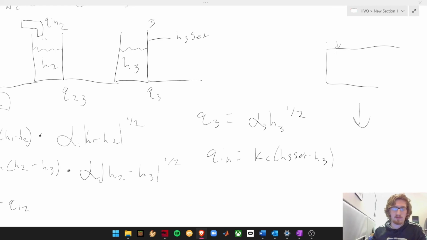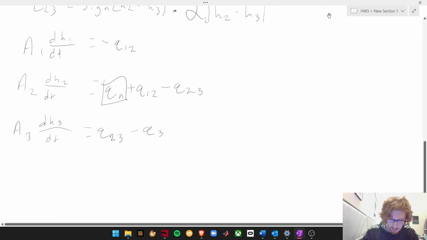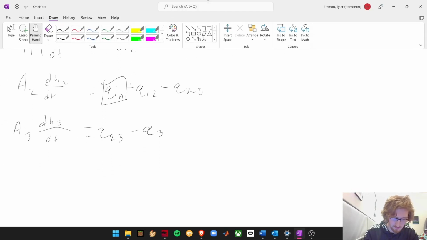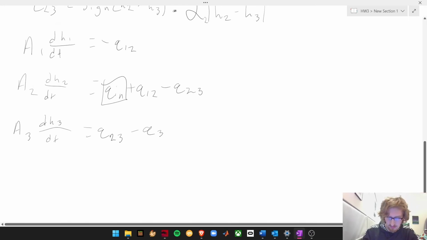Okay, so we have our cross-sectional areas of the three tanks, and I'll do it in that space right there. So our three tanks are going to have cross-sectional areas of, looks like 0.5 square meters. Our cross-sectional area 2 is going to be 1 square meter. And then of 3, it's going to be 2 square meters.